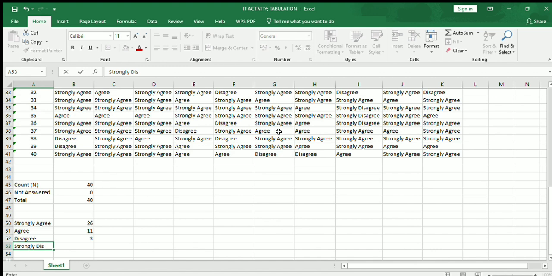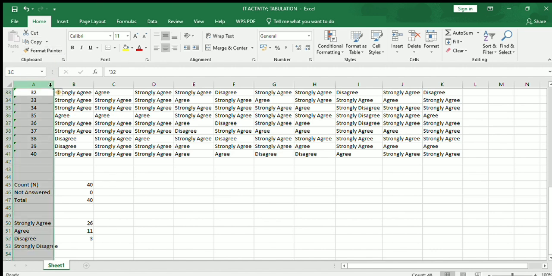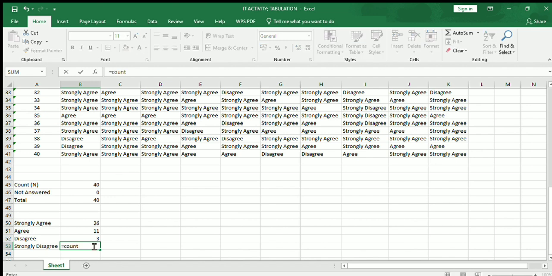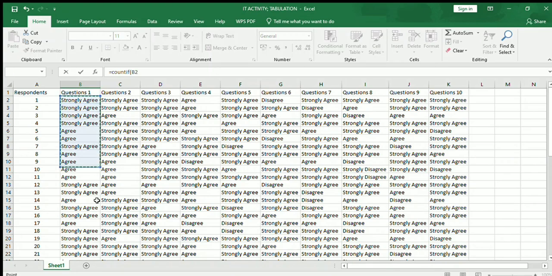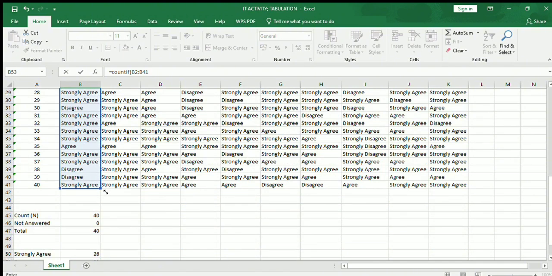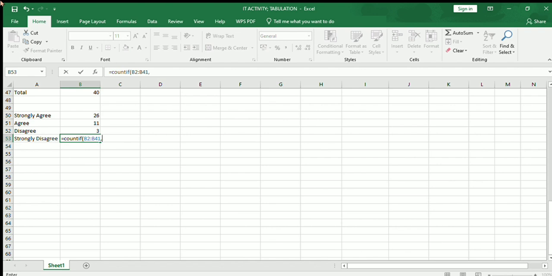To get the amount of the respondents who answer strongly disagree, the formula is the same as the first one, you put an equal sign, COUNTIF, open parenthesis, you highlight 1 to 40, and then comma, double quotation, and you write strongly disagree, double quotation again, and close parenthesis, and then enter.